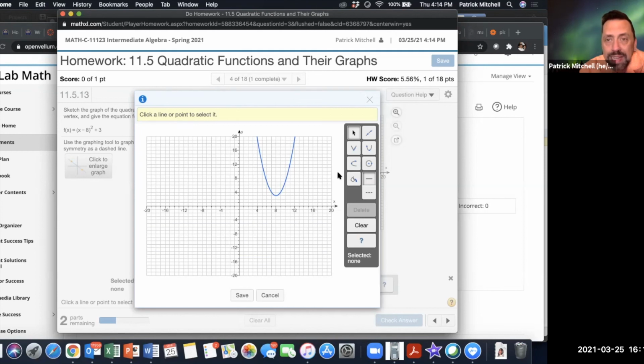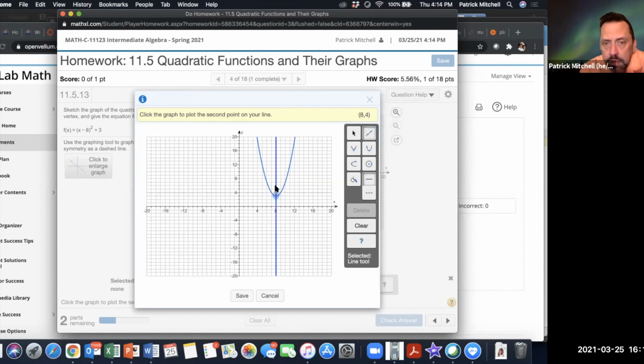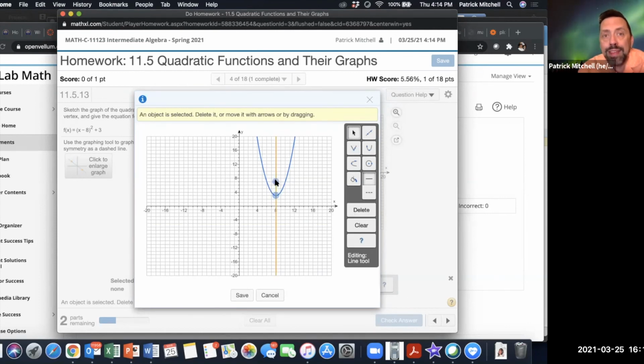But we also need the axis of symmetry. So I click on the line tool and make the first point my vertex, and the second point can be anywhere above or below the vertex. And then while this line is still selected, click this button to make it a dashed line. Okay. All right, so we should be good to go with that. I'm going to hit save.